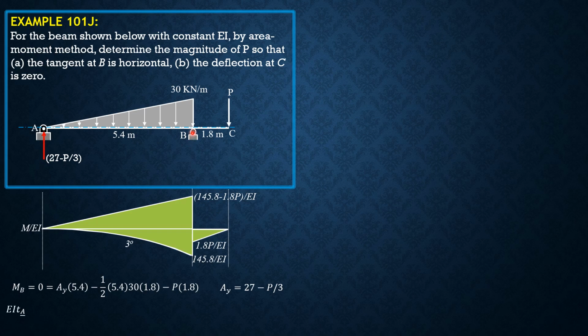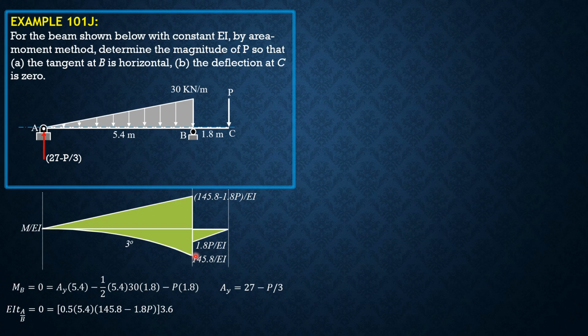So that's the analysis, and it is equal to the moment of area of the M over EI diagram with respect to A. So this is equated to 0, and 0 equals 0.5 of 5.4 times quantity 145.8 minus 1.8 P, then 2/3 of 5.4, this distance is 3.6.